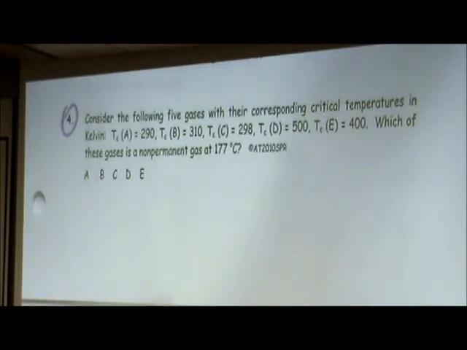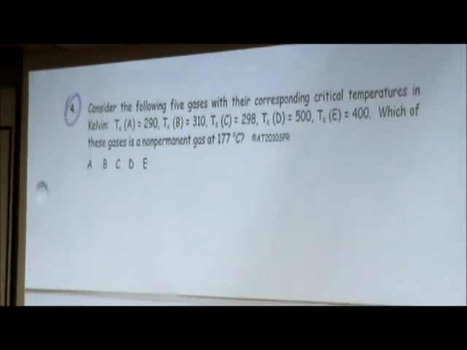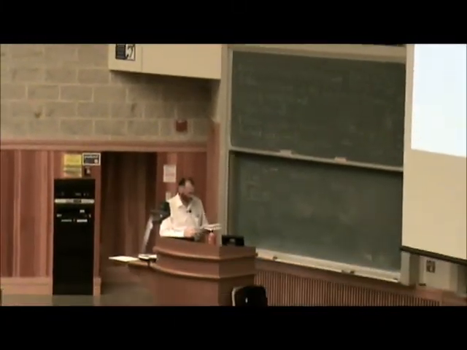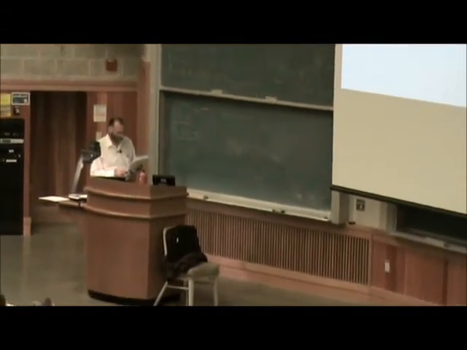So the reference temperature, the room temperature here, the gas is at 450 Kelvin. We have different gases, right? What are the different critical temperatures of the gases?